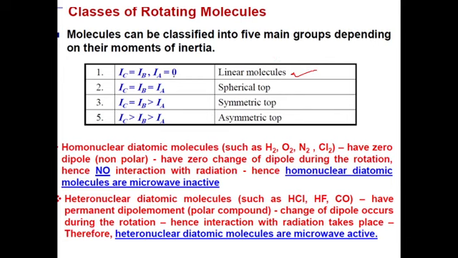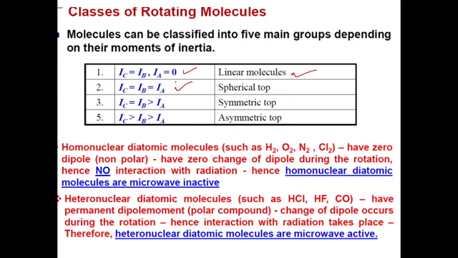This linear molecule has IC equal to IB but IA is equal to 0. In a spherical top molecule, the moments of inertia about all the x, y, z axes are the same, that is IC is equal to IB is equal to IA. In the case of symmetric top, IC is equal to IB which is not equal to IA.